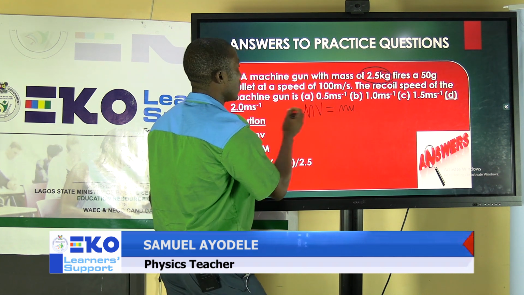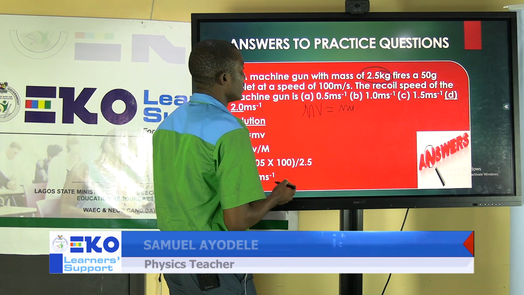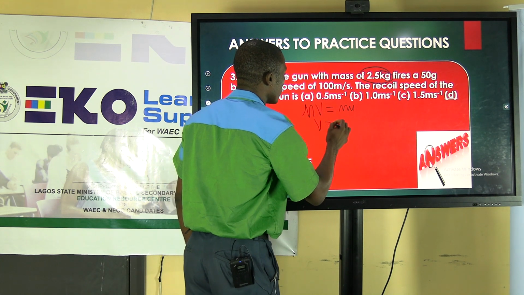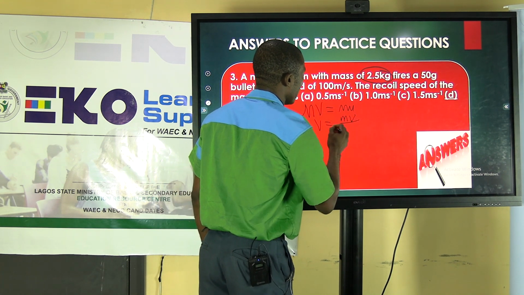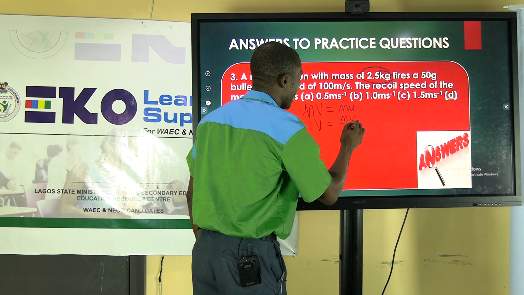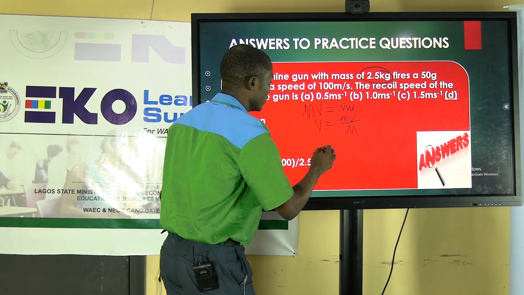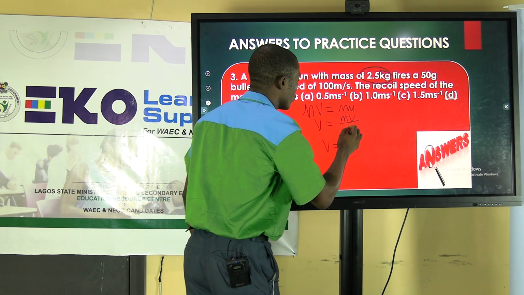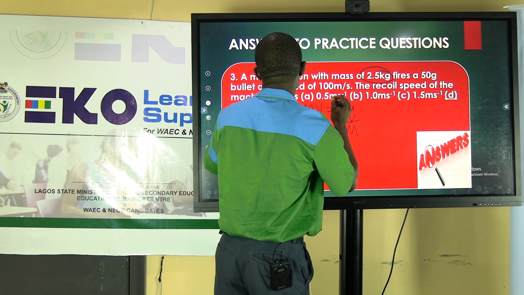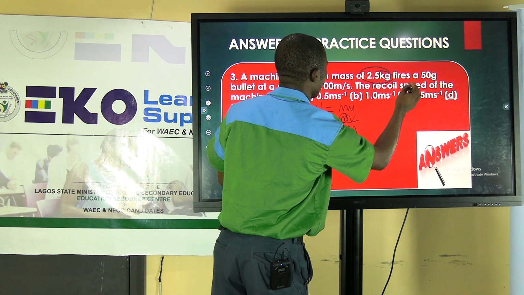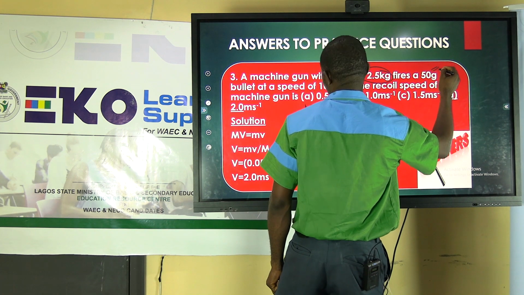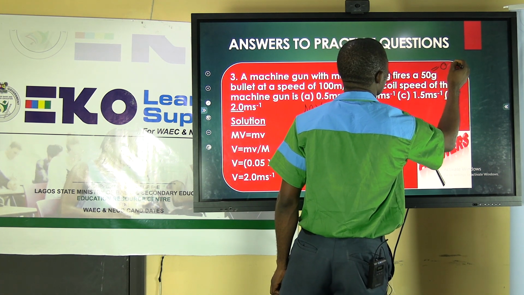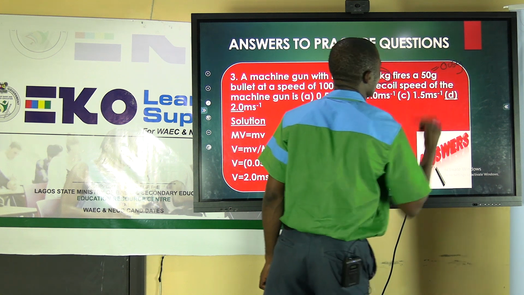So we are looking for the speed of the gun. V will be equal to mv for the bullet over mass of the gun. So V equals mass of the bullet. The mass of the bullet is given as 50 gram divided by 1000. You're going to have 0.05 kilogram, converting to kilogram.